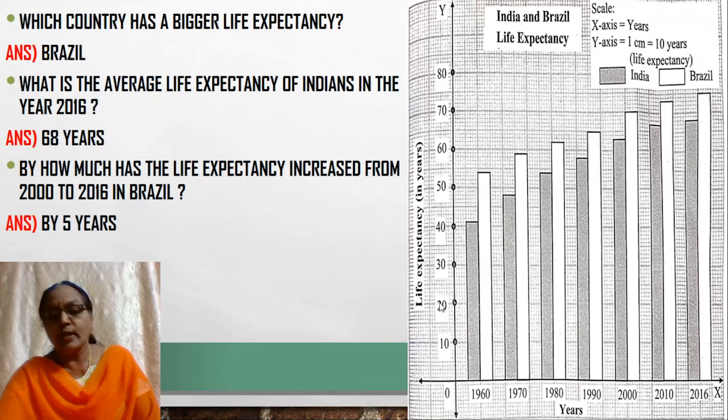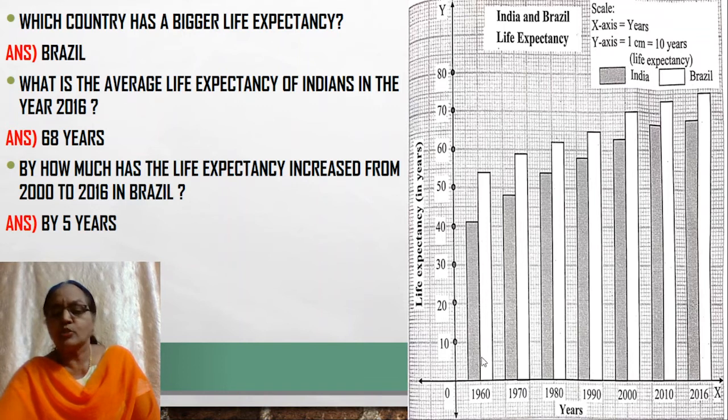Likewise, you'll have to see that the graph should be regular. All along, if you have taken this as 1 centimeter, see to it that the subsequent ones also, you are going to take as 1 centimeter. Is that clear? So on the y-axis, we have life expectancy in years.